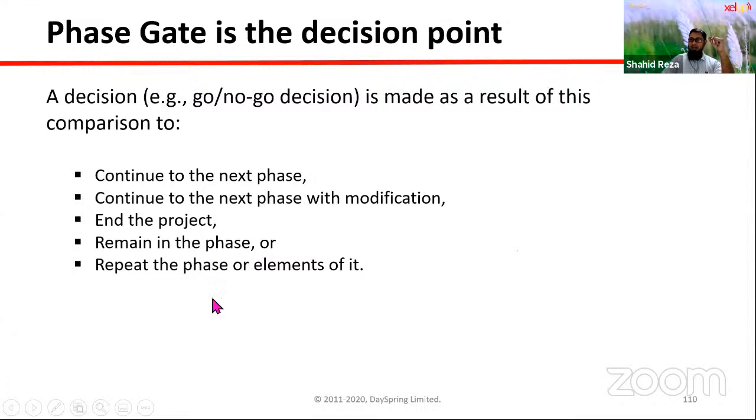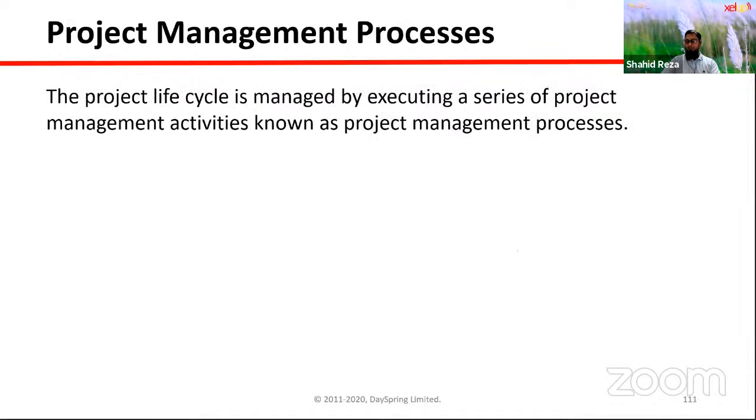Say we planned to get 100 activities done, but only 90 or 80 activities are done, so we have to remain in the phase. Or repeat the phase or elements of it. Management can also decide whether we will repeat the same thing again or not. That can happen in some projects. So this is the decision point.